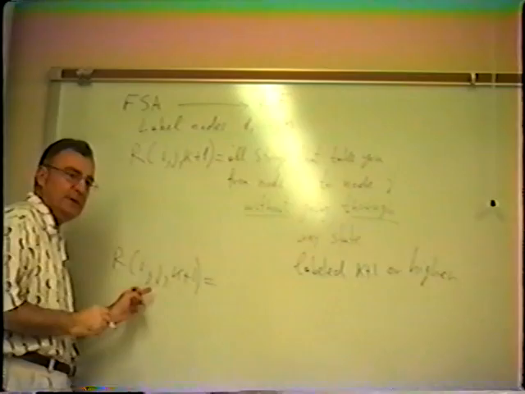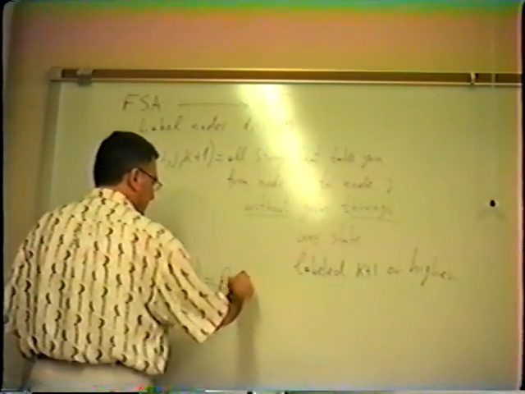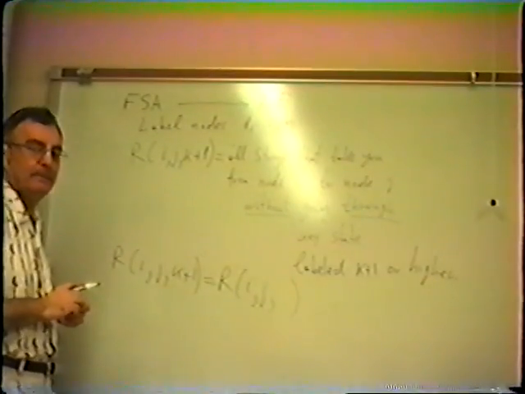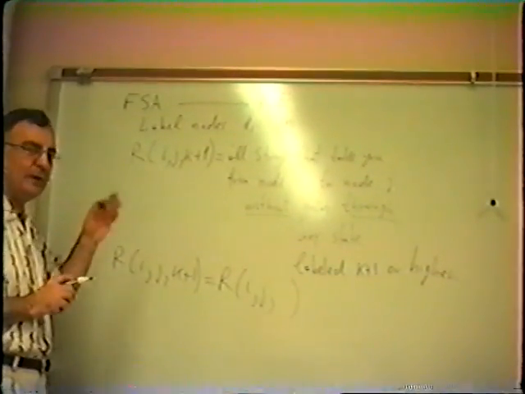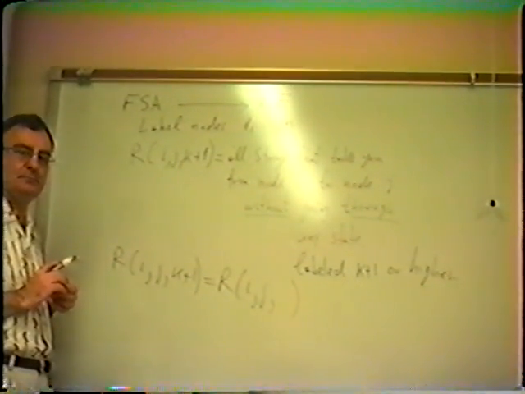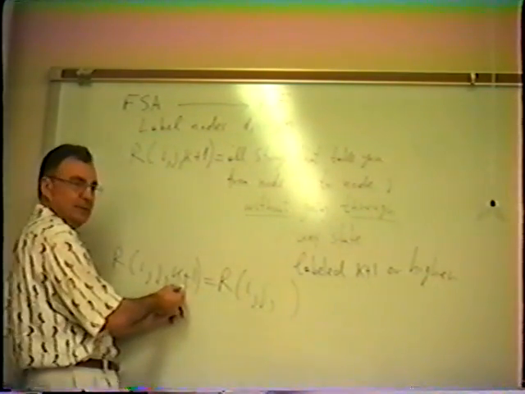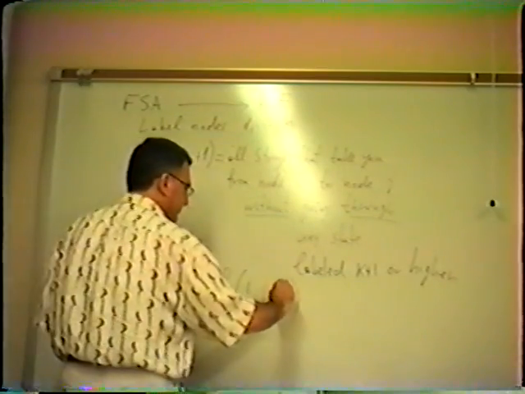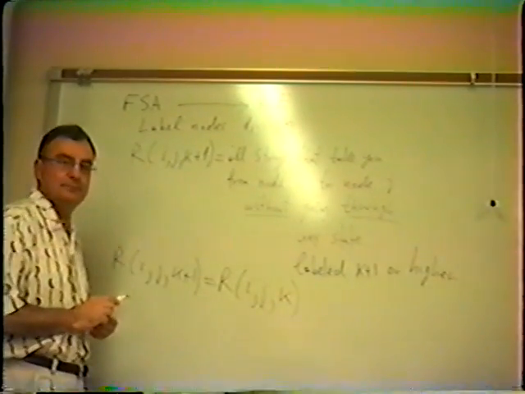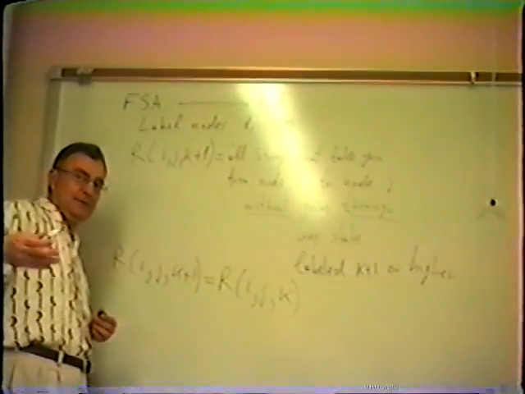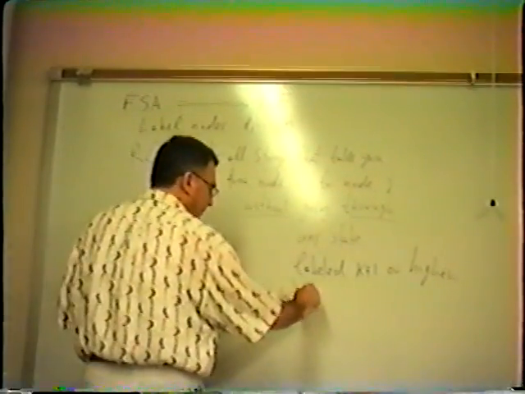Well, it will be all the strings that will take you from i to j without crossing, not k minus 1, k, together with all the strings that will get there by crossing k. Well, together is union.